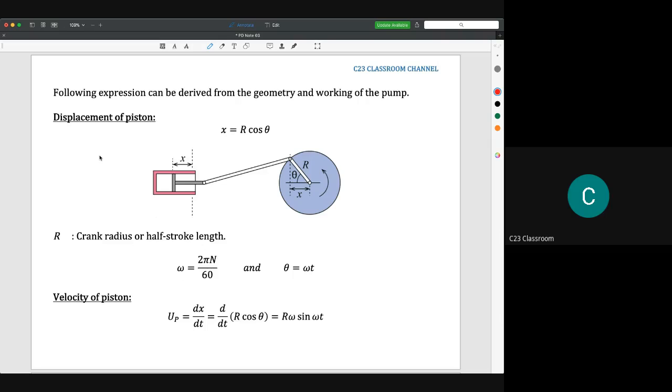So then to calculate the velocity, you know that we have the distance here, the x. To get the velocity, UP meaning the velocity of the piston, we could differentiate this term, and you have dx/dt, and you differentiate r cos theta, and finally you will get r omega sine theta.